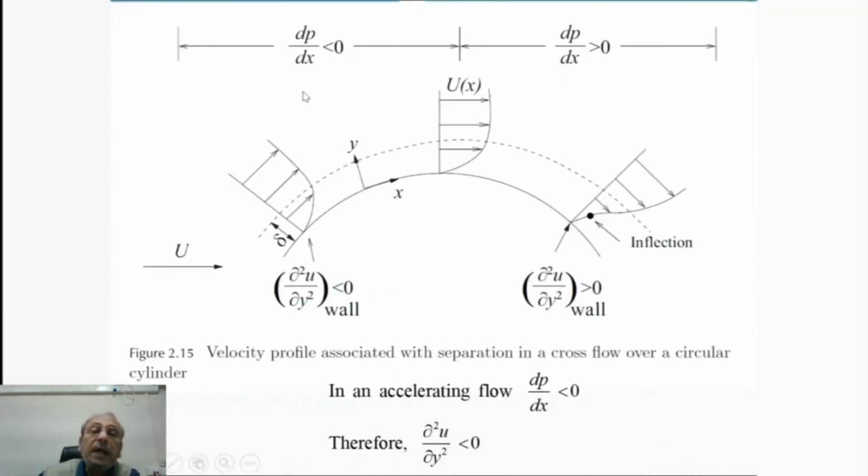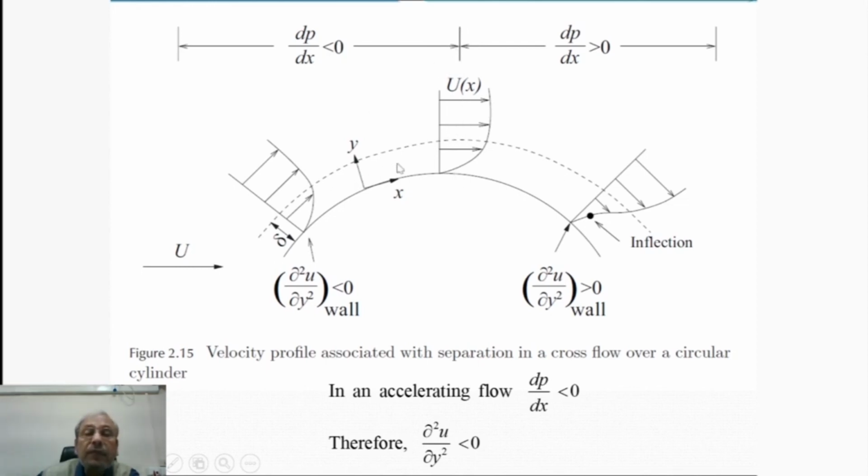So again the same picture. Since ∂p/∂x is favorable, pressure is decreasing, and dp/dx is negative, say up to this point.